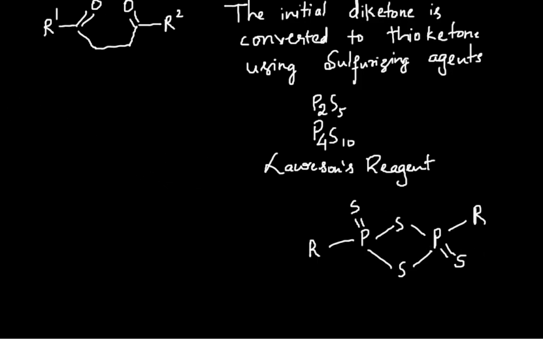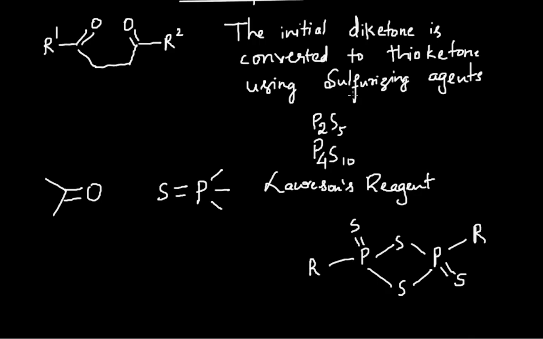How this step happens is quite interesting. I'll just show you here. Suppose this is your ketone group and the reaction is happening between this ketone and this P double bond S group.